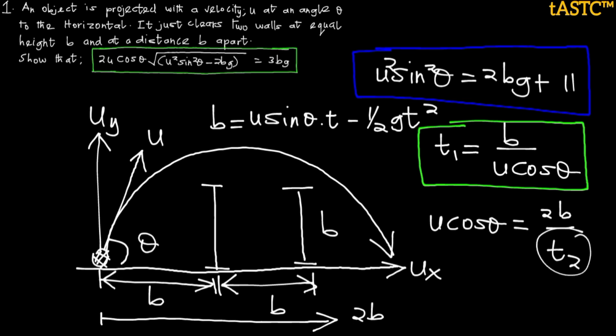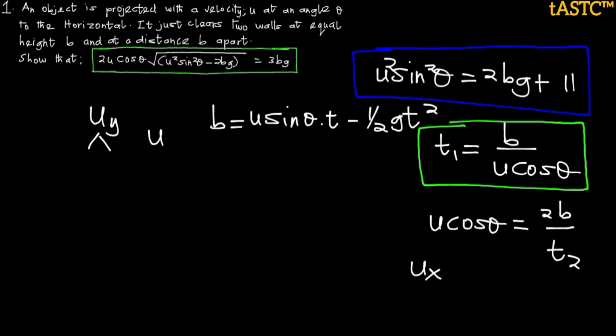So this stands for the time taken in order to reach the second wall. So I could also make t2 the subject. So at this point, I think I'm going to take these out. So in this case, we got t2. Well, I'm just going to write t1 first. So t1 is equal to b divided by u cos theta.